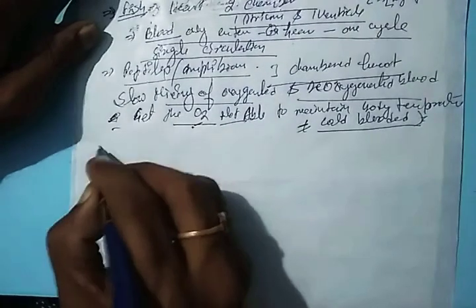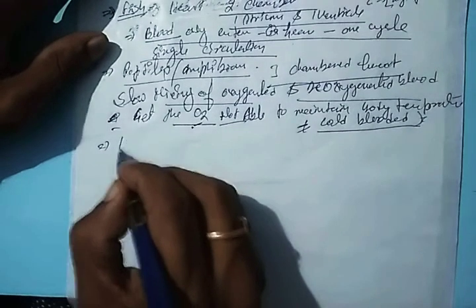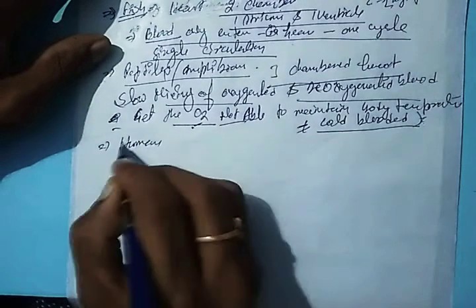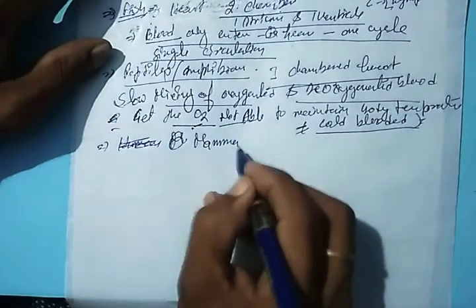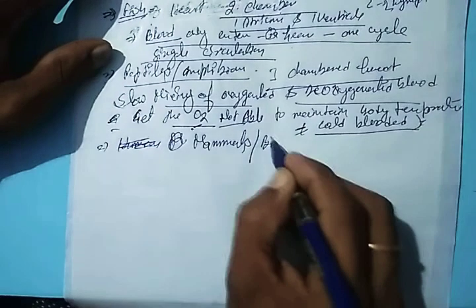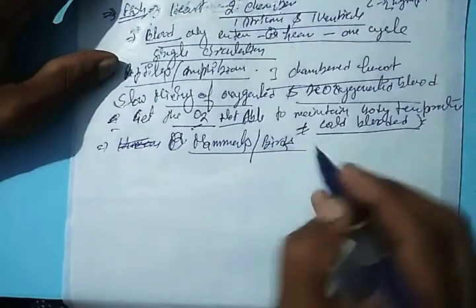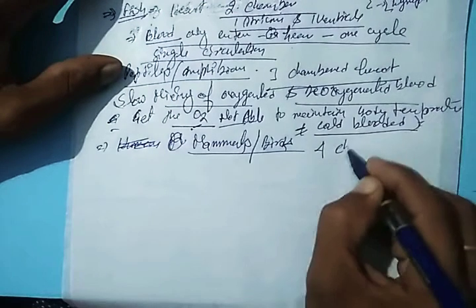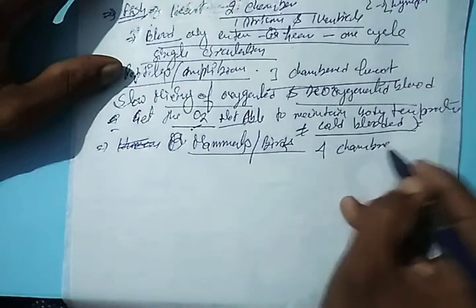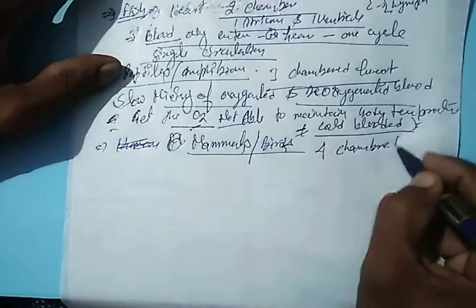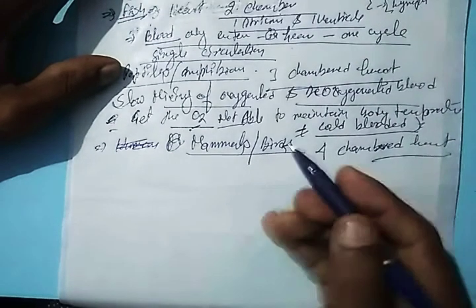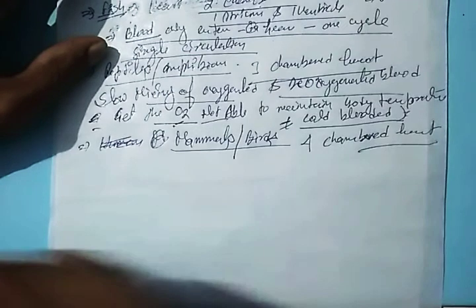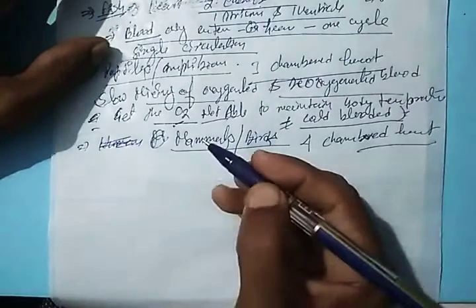In case of humans, means basically mammals and birds, who have a four chambered heart, means two atria and two ventricles, there is no mixing of oxygenated and deoxygenated blood.